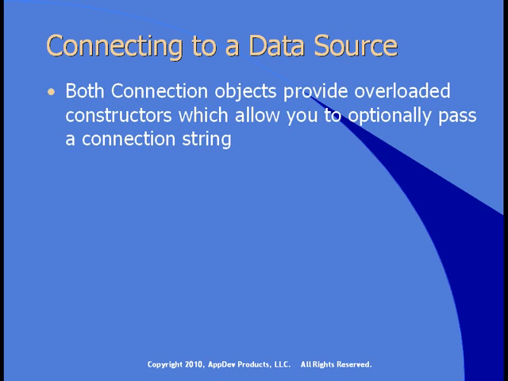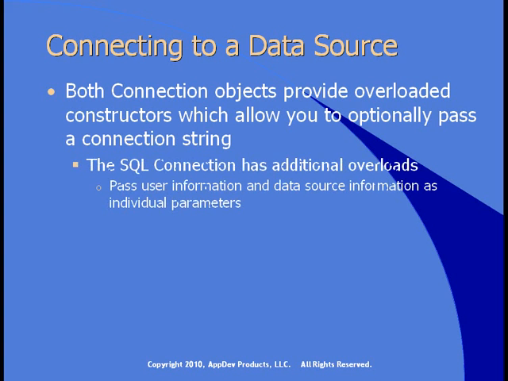Both of those connection objects provide multiple different ways to set them up. For example, they provide overloaded constructors, which allow you to pass a connection string. Or you can just create the connection object and set the connection string later. It's your business. But they do allow you to create that connection string and supply it when you create the instance of the connection object.